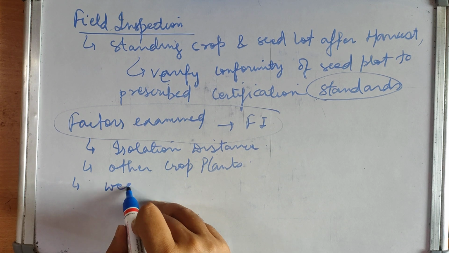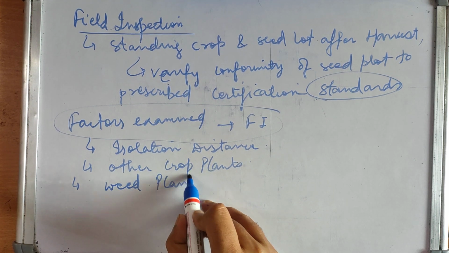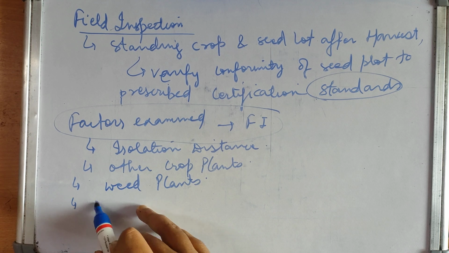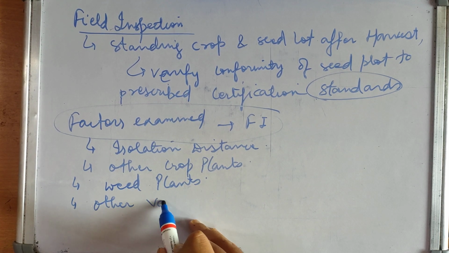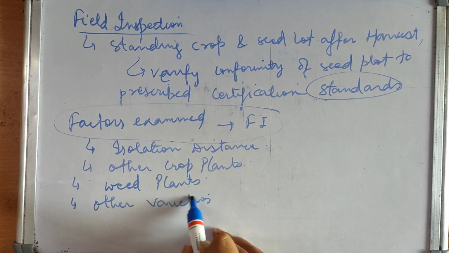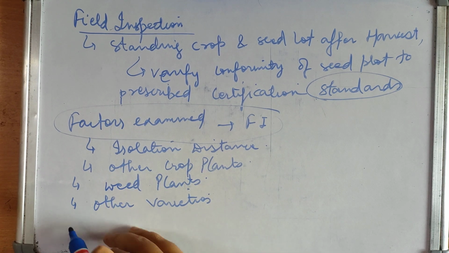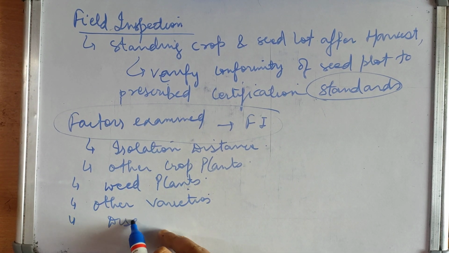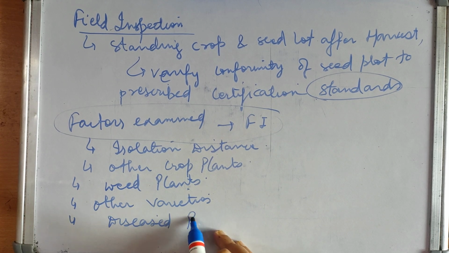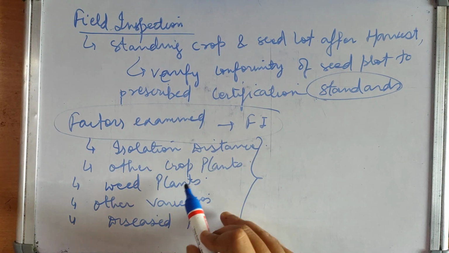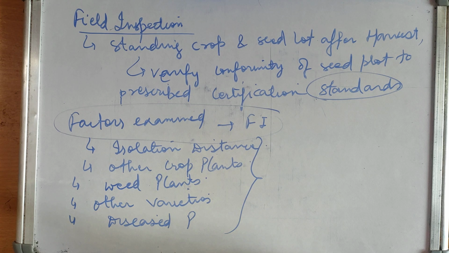We see weed plants, other varieties, plants infected by seed-borne diseases. We check these things because they can cause contamination. So to avoid contamination, we test for these things.